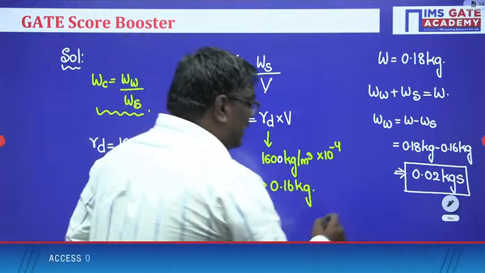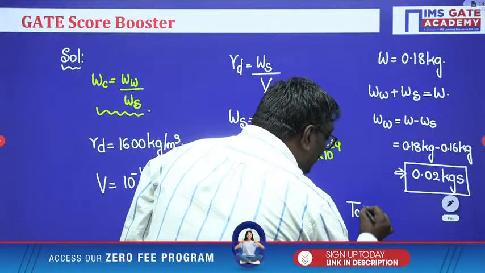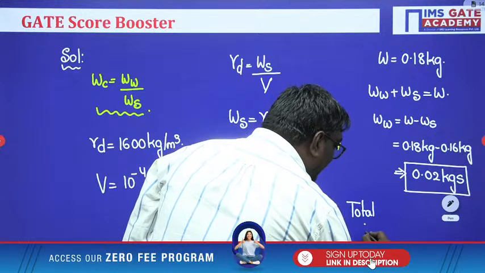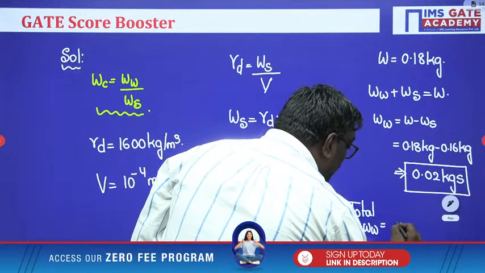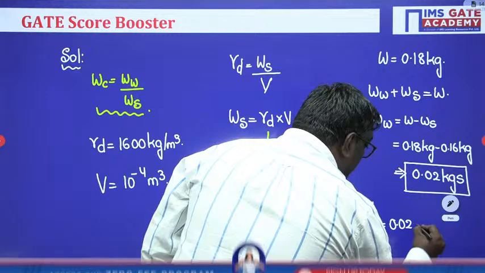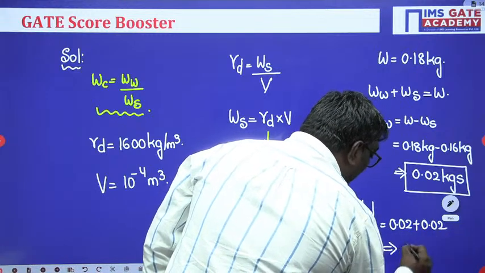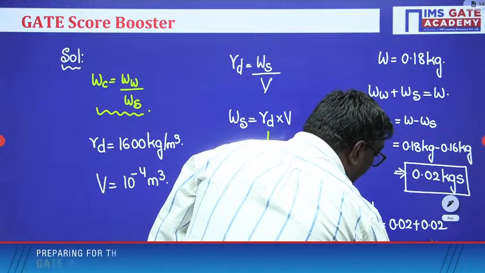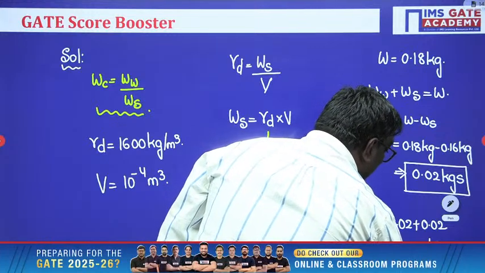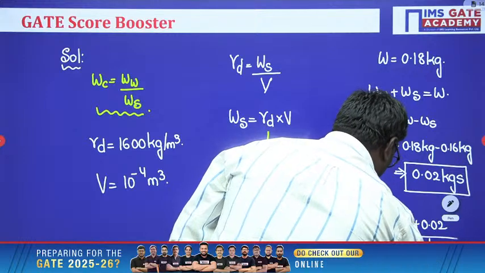So in that case, total weight of water will be equal to 0.02 plus 0.02. So total weight of water is 0.04 kgs of water. What is the total weight, sir?